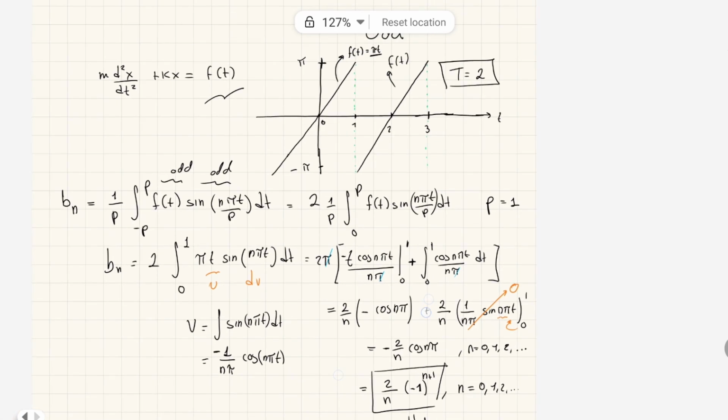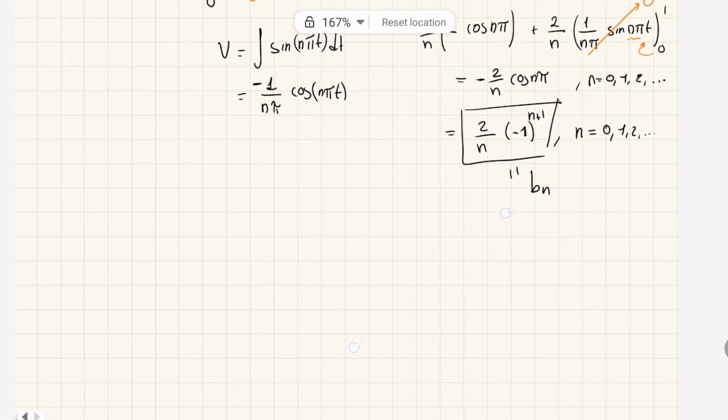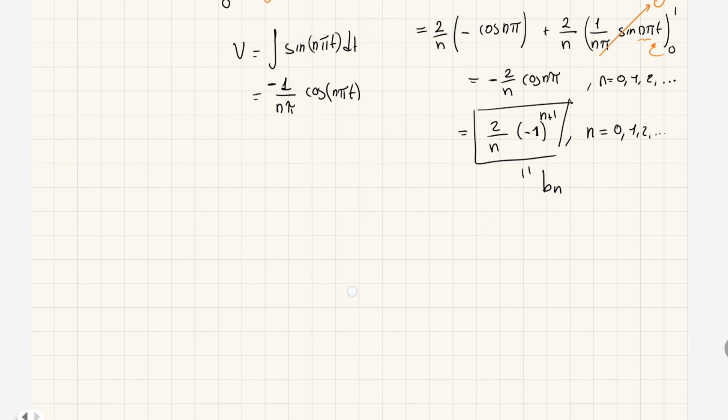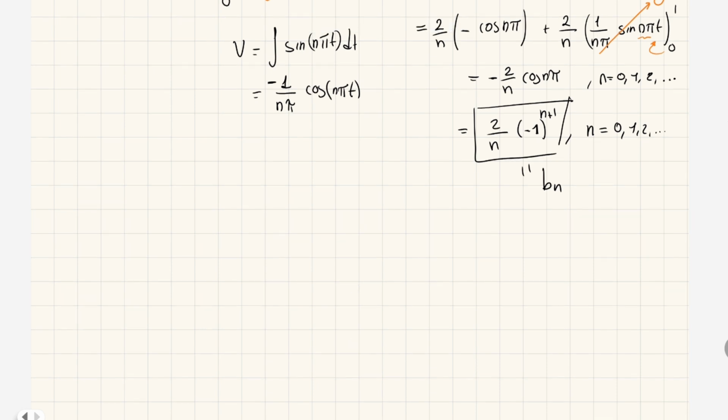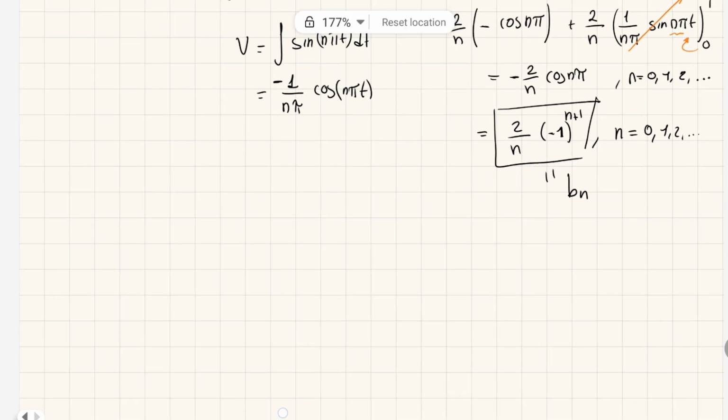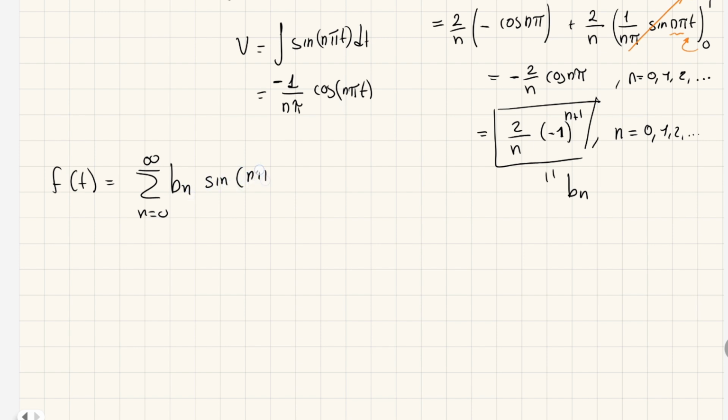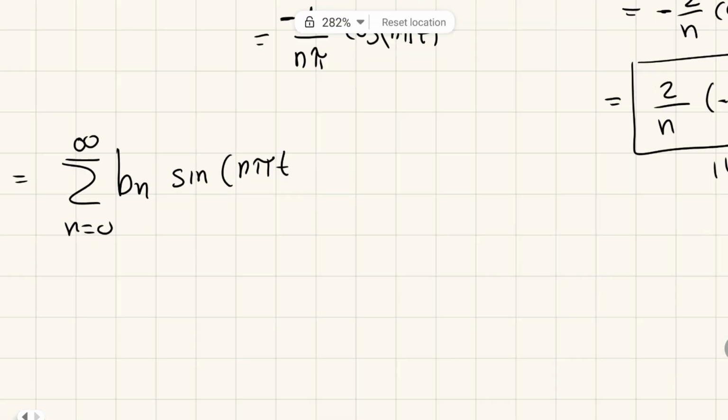Okay? Perfect. So if we remember the Euler-Fourier equation for a function f of t, we know that this can be seen as f of t equals the sum from n equals 0 to infinity of b sub n times the sine of n pi t divided by p, but remember p is equal to 1.